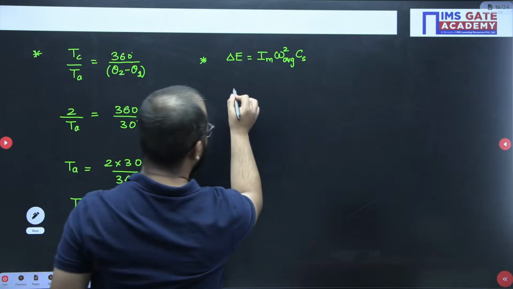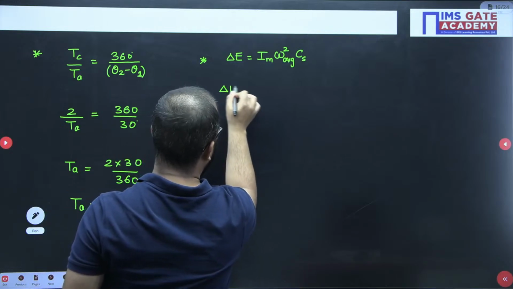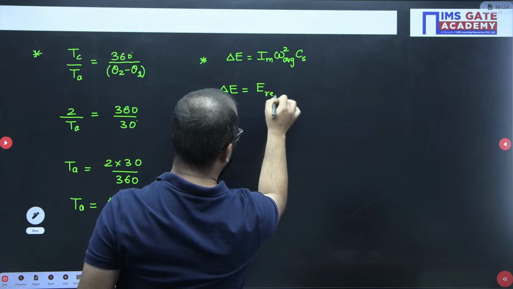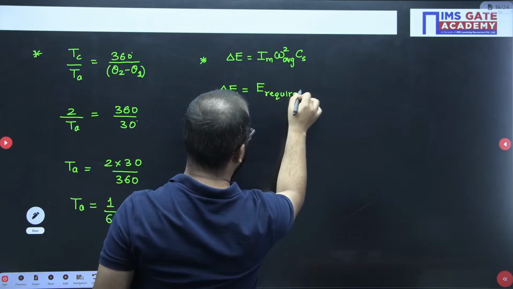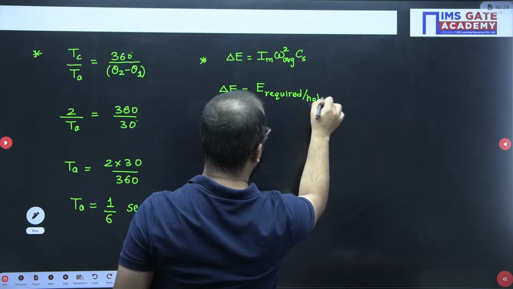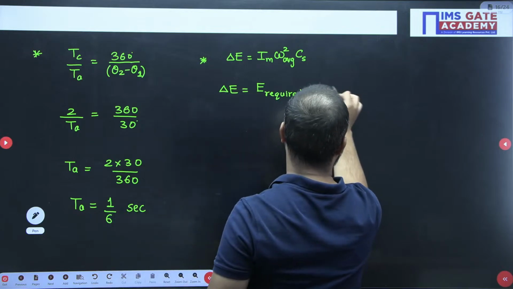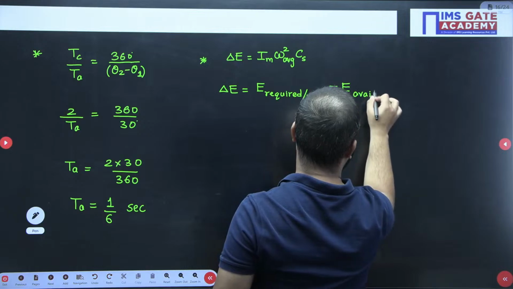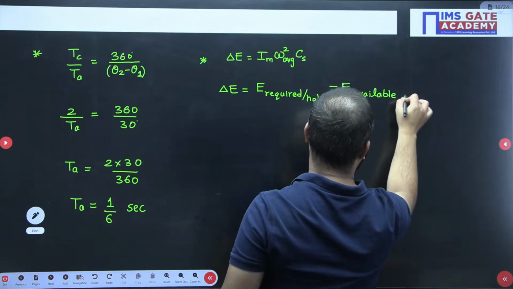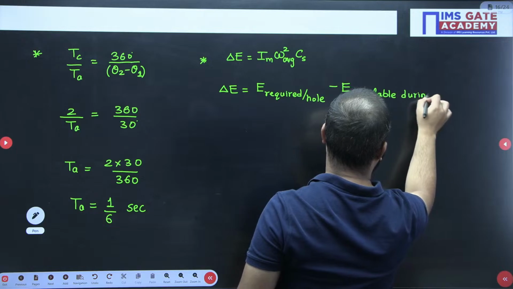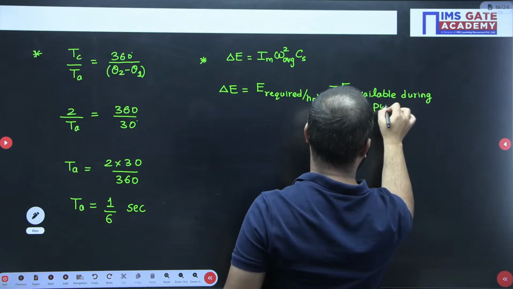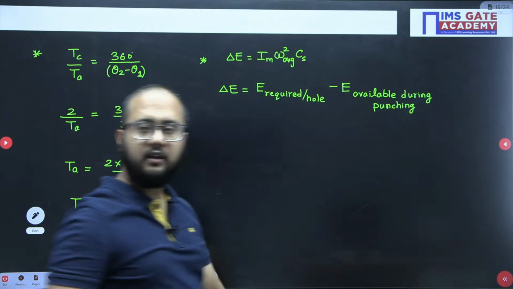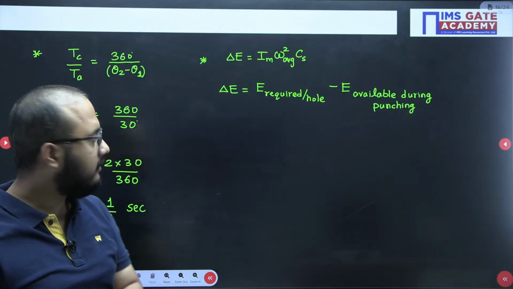So, delta E formula: energy required per hole minus energy available during punching. Is that clear? Okay.